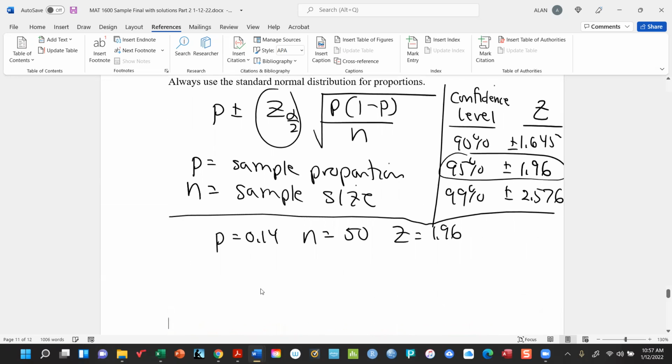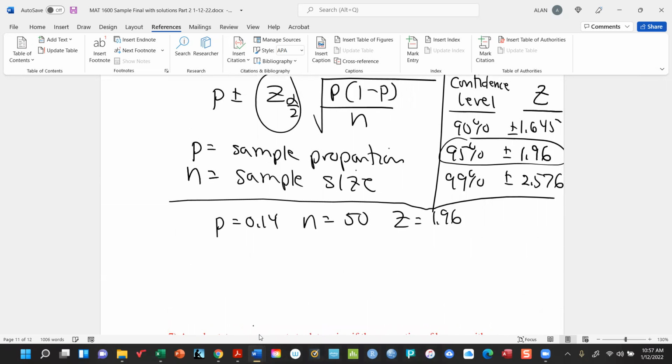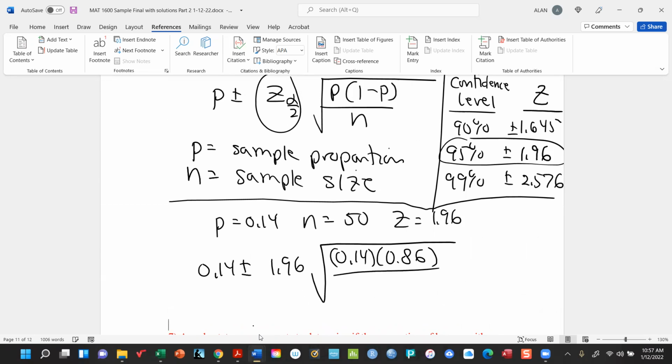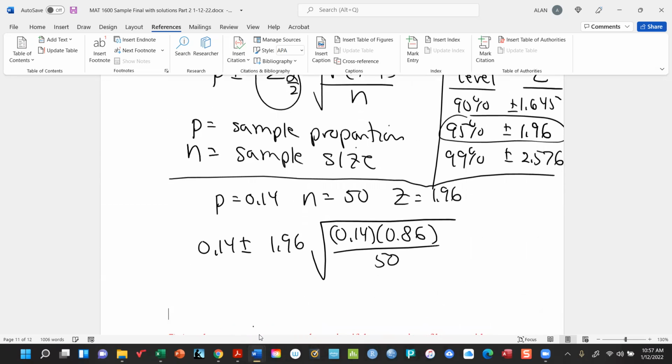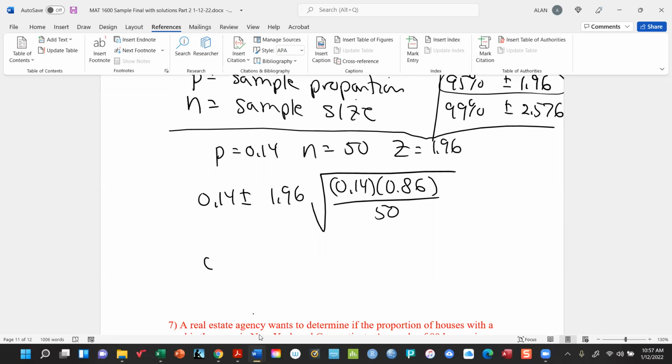Okay, great. So we've got 0.14 plus and minus 1.96 square root of 0.14, 0.86, over 50.